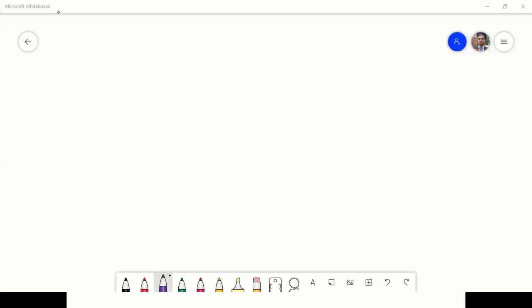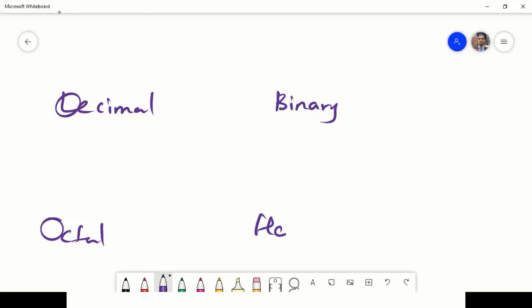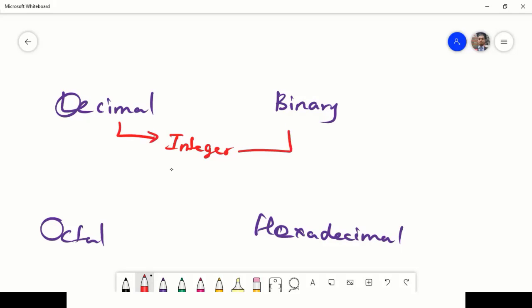So far what we have studied is, let me type all this. Write decimal, binary, octal, hexadecimal. Integer: decimal to binary conversion we have discussed.